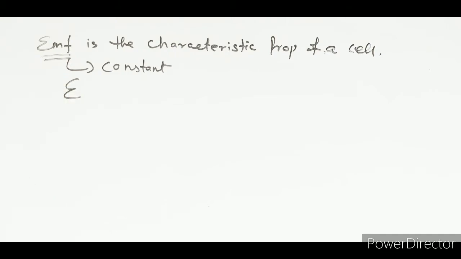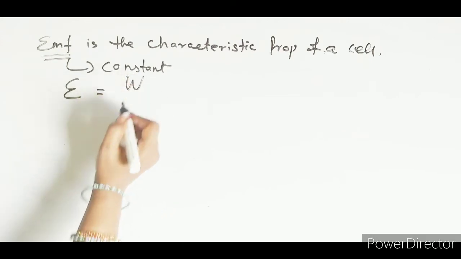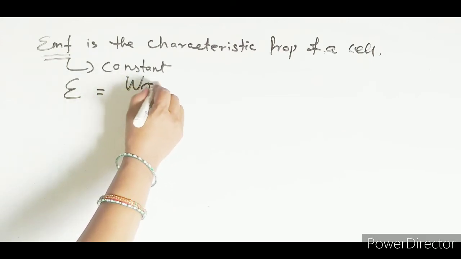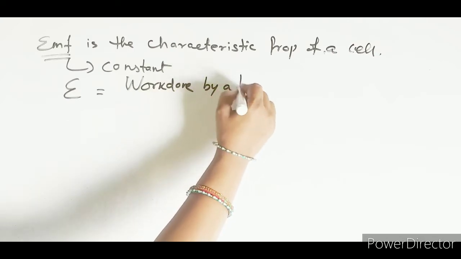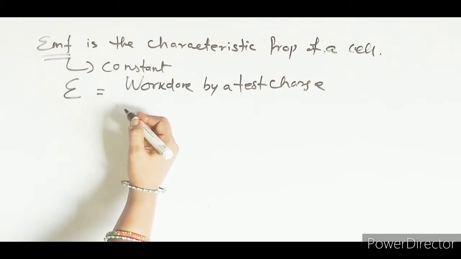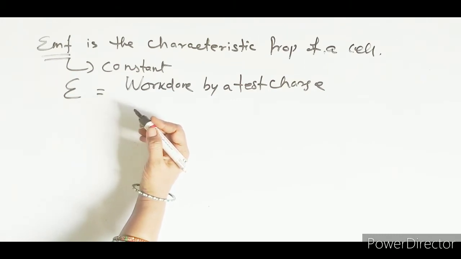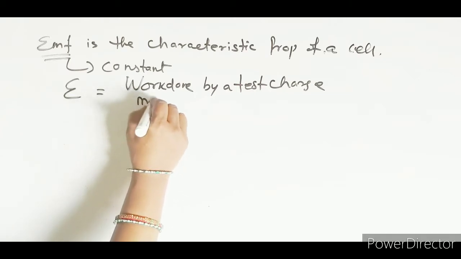This is the representation. As it is the potential difference, here it is the work done. Let it be the work done by a test charge moving around the circuit.